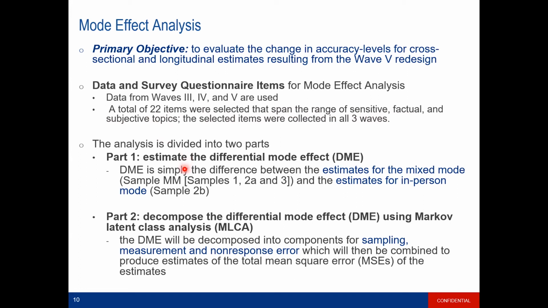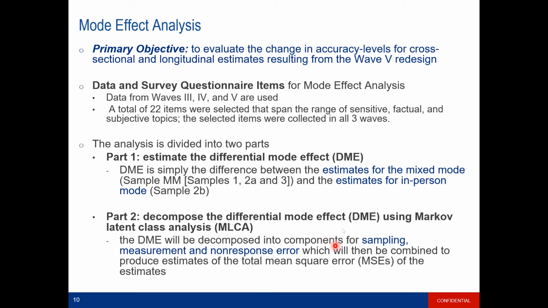For our analysis, we divided it into 2 parts. The first part is for us to estimate the differential mode effect. So this is a simple analysis where we are comparing the estimates for the mixed mode versus the estimates for in-person mode. So this analysis only used data from wave 5.